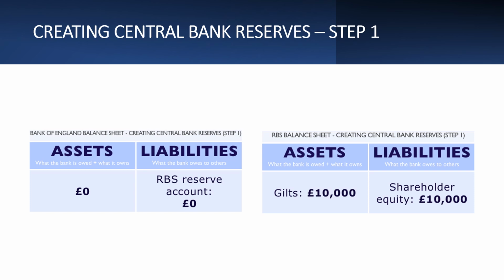Accordingly, we have £10,000 on the liability side, which is the shareholders' equity, and on the asset side, we have the gilts as assets, which will give interest income to the shareholders. And let's assume, for the sake of simplicity, that there are no assets or liabilities at the central bank in step one.